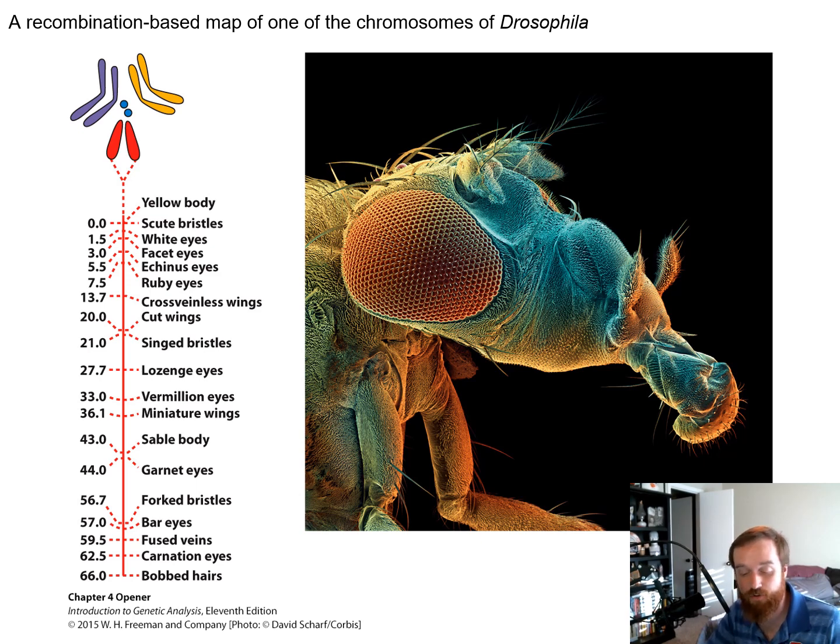And through this recombination mapping, we can actually position them on a chromosome to know how far apart they are. These units on the left-hand side here are what's called recombination distances. Sometimes they're denoted as centimorgans, and sometimes they're denoted as recombination distance. We'll get into how to calculate these in just a second.